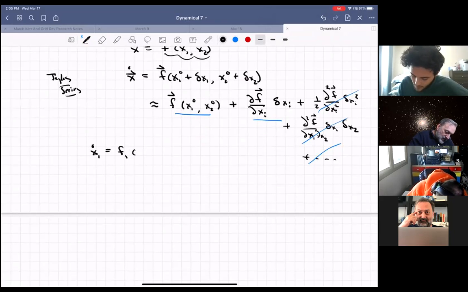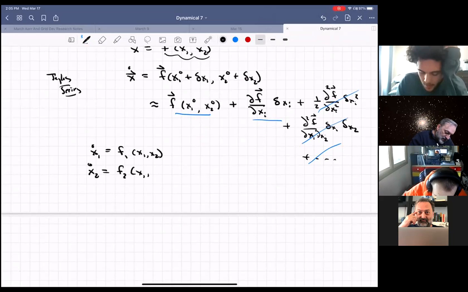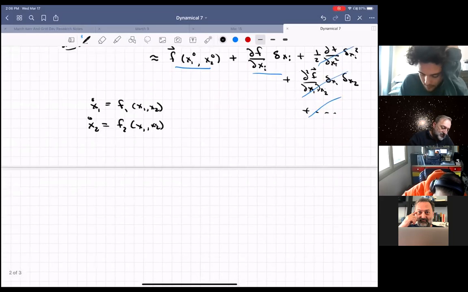So x1 dot is f1 of x1 and x2, and x2 dot, my notation would be, is some f2 of x1 and x2. These f1 and f2 are two different functions: there's a function for the x1 derivative, and there's a function for the x2 derivative.